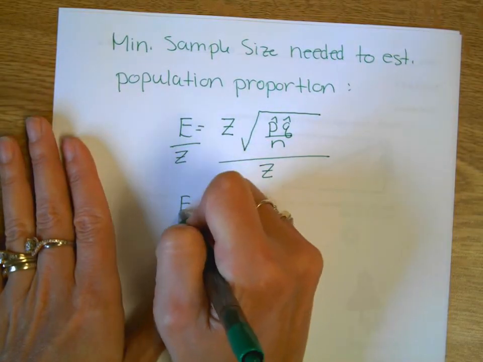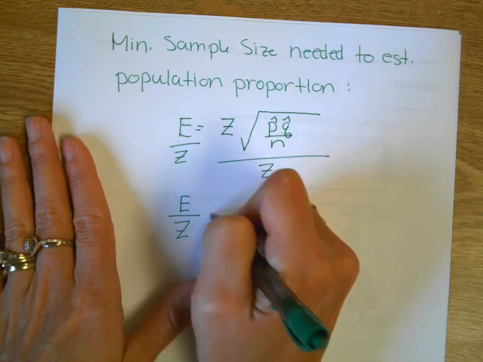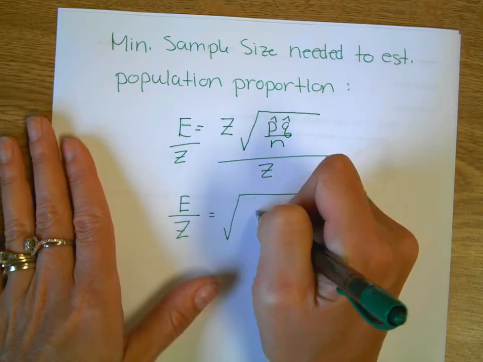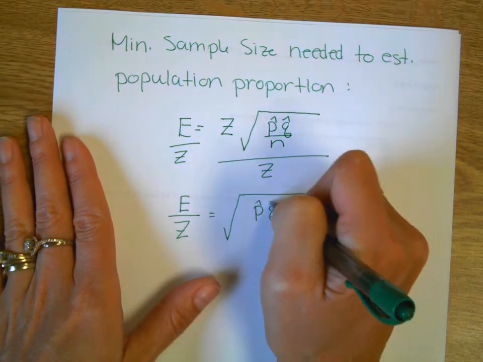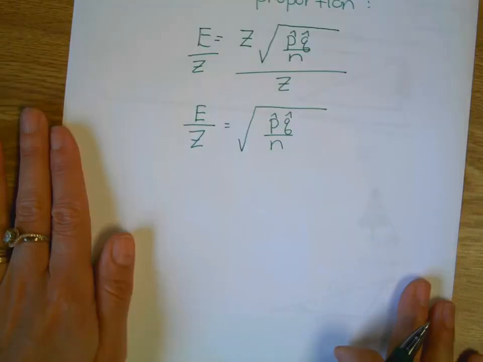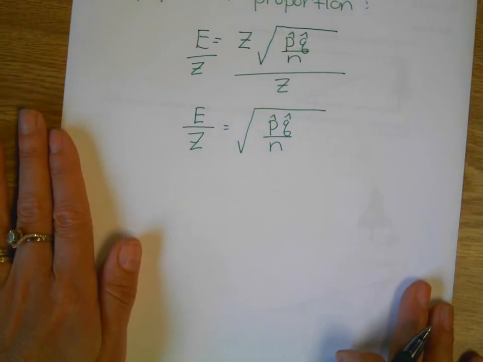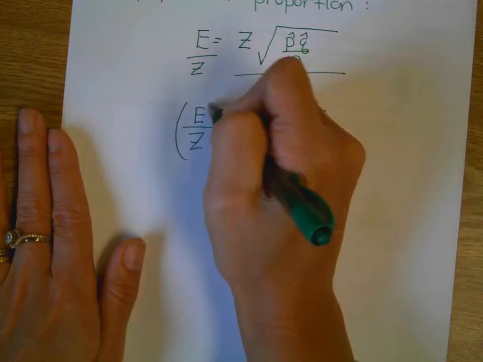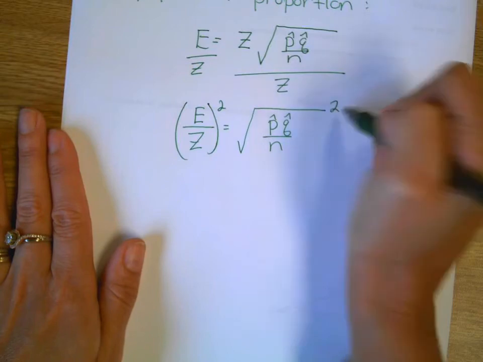So we've got E over z. Now what? Now square both sides. So you've got this fraction squared.